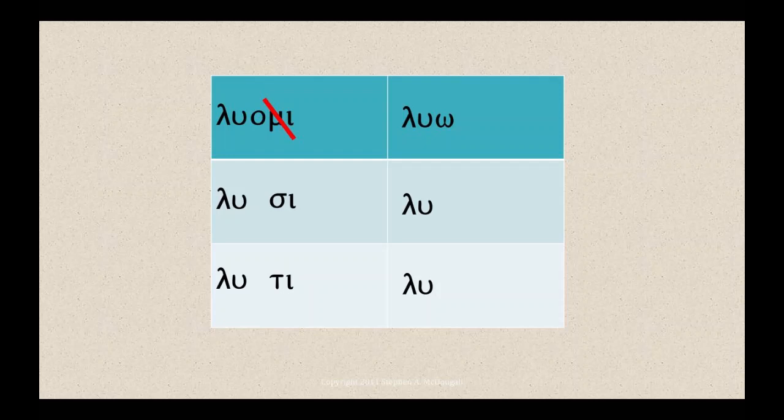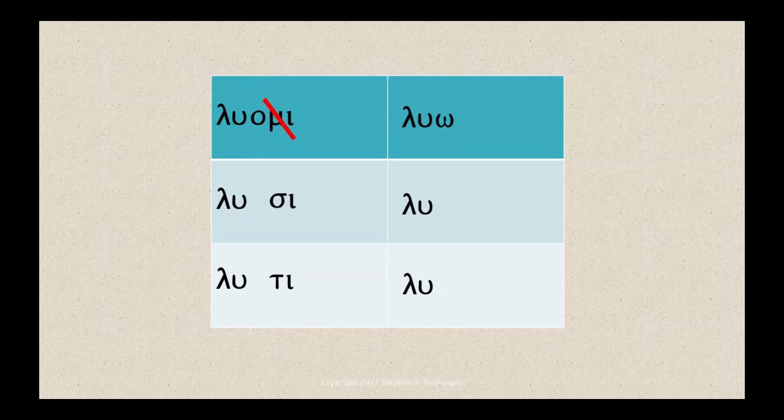When we talk about the future tense, we're going to talk about amalgamation. We'll go back to lesson 1. When you have a sigma and a kappa, it becomes xi, or a sigma and a pi becomes psi. So you're going to look at a word and see this psi at the end, and I'm going to know it's a future, not a present.